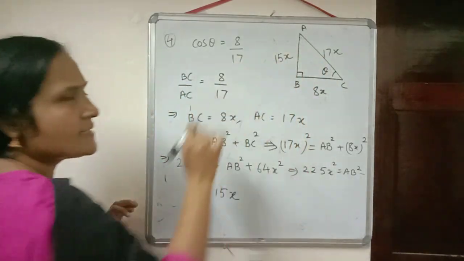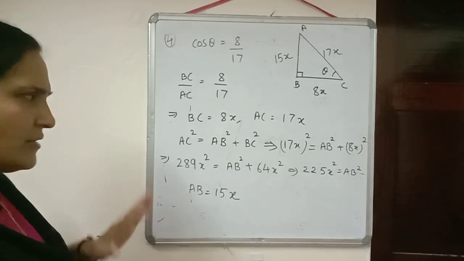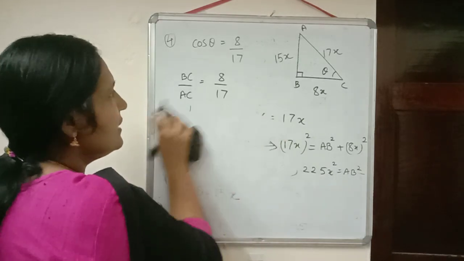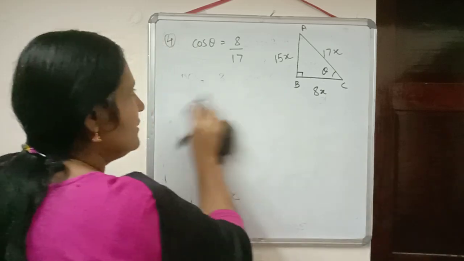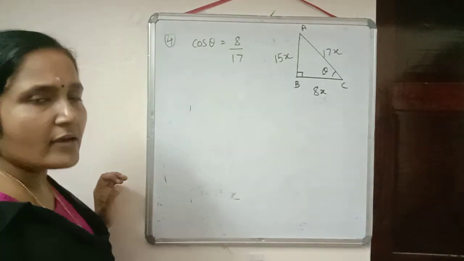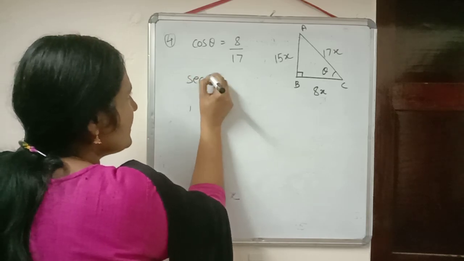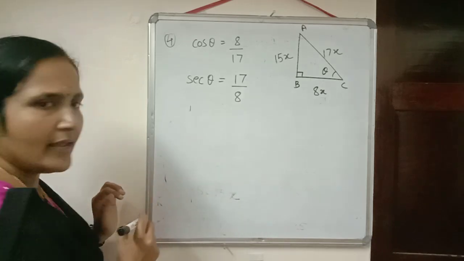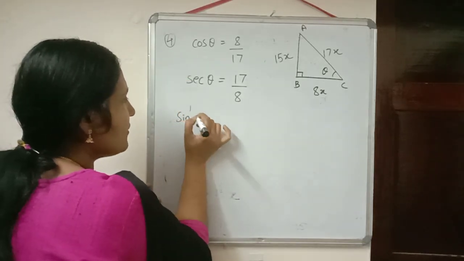Now we know all the sides of the triangle. We wrote in terms of x, no problem there. Now we can calculate all other trigonometric ratios. So already cos theta is given. Do you know what is the reciprocal of cos theta? Yes, correct. Sec theta. So directly we can write here, sec theta will be equal to 17 by 8. In the same way, you can use the concept of reciprocal.